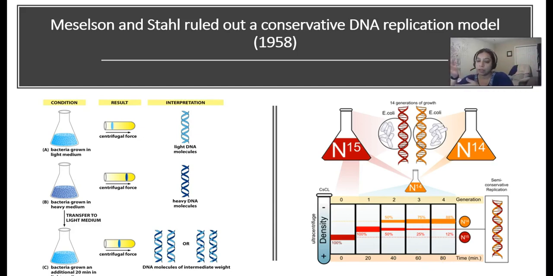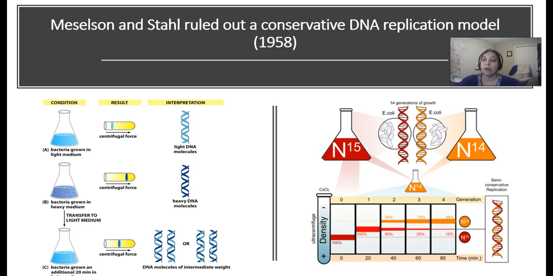So each generation, the amount of heavy DNA reduced by half. This meant the only way that that could have been happening was through semi-conservative replication. Because if it was dispersive, you would not have gotten to this point.